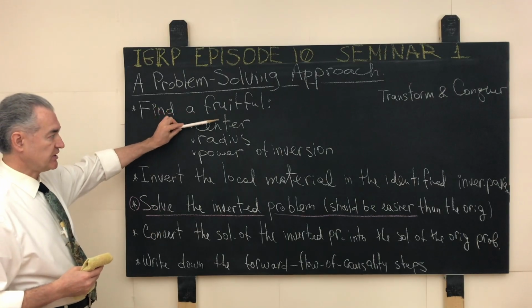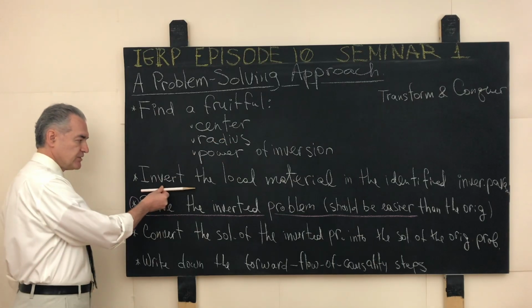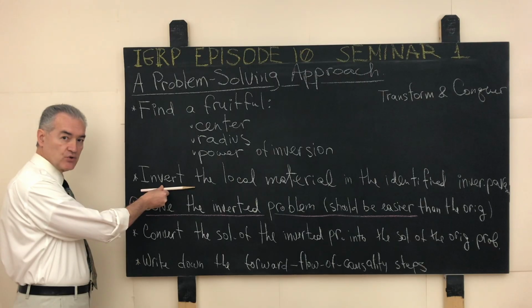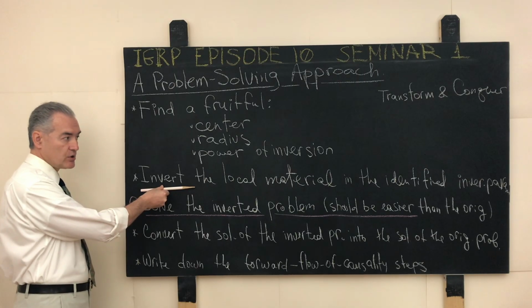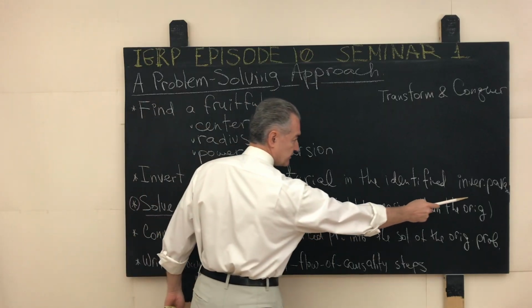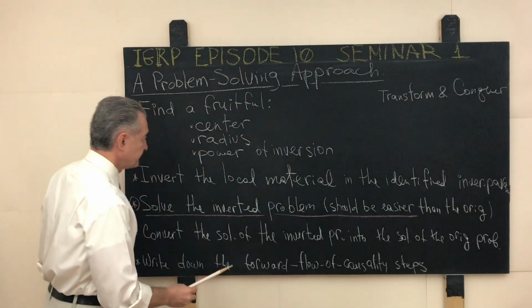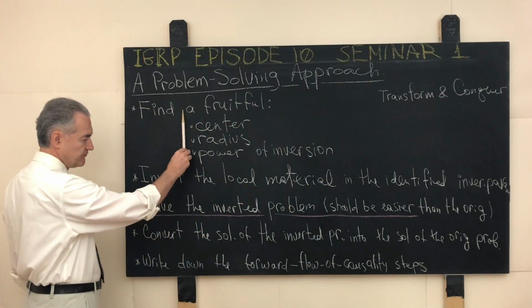Once you have settled on these choices, the next step in this heuristic template is to invert the local material, in the identified inversion parameters, the ones that were identified over here.